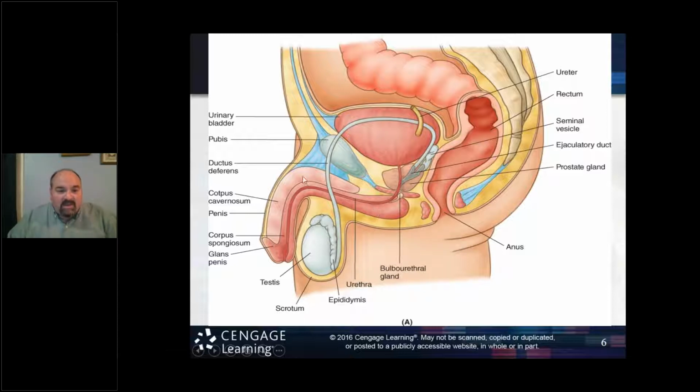We have here the corpus cavernosum would be the area of the penis that actually has the tissue that would be analogous to the clitoris for the female, okay? This is erectile tissue right here, the corpus cavernosum. The spongiosum will allow, so even when the penis is erect, it will still allow for the tissue, the urethra, to be maintained open, right?